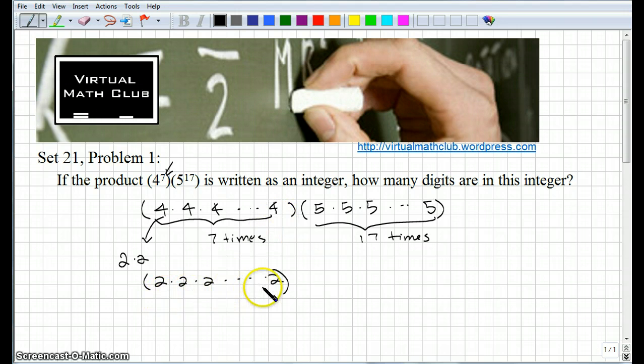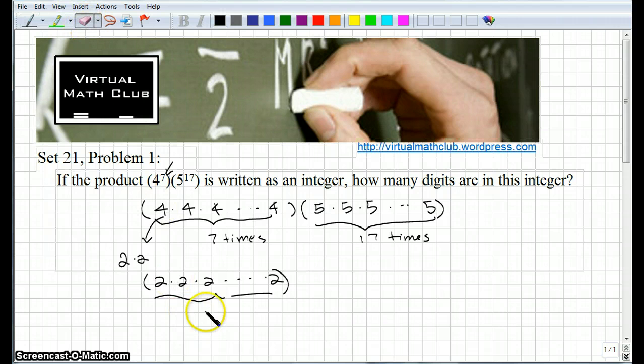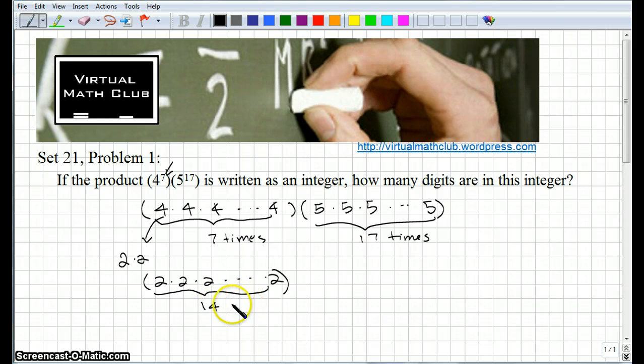If we broke each of the 4s into 2 2s, we would have twice as many 2s, so we would have 14 2s, and then we'd still have the 17 5s, just like we do up above.